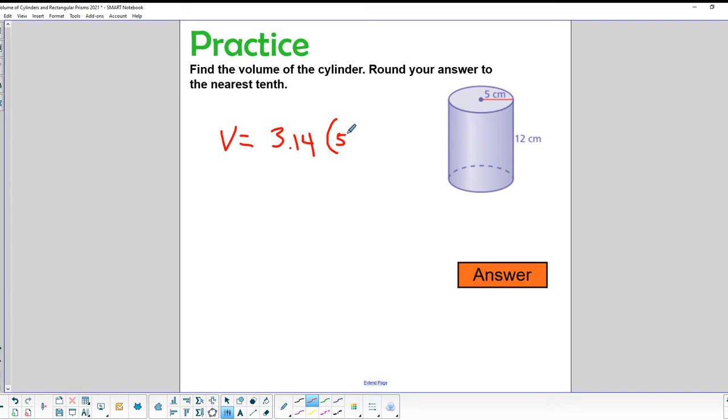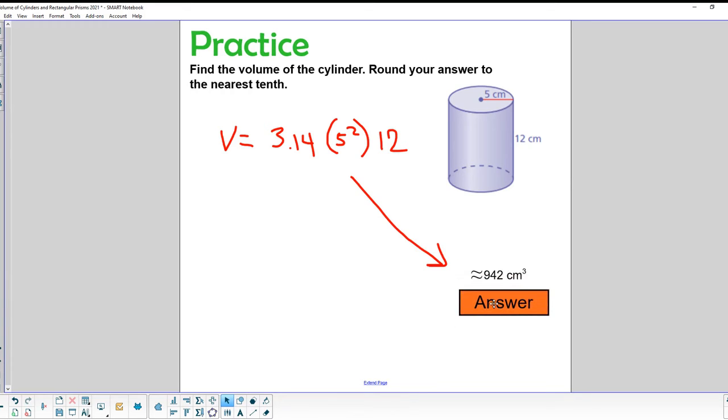That's the area of the bottom, or in this case, the top. Doesn't matter. And then you times it by the height, just like we did on the rectangular prism. Area of the base times how tall it is. And so if you do that, 3.14 times 5 squared times 12, we get an answer of approximately 942 centimeters cubed. Okay, that's not too bad.